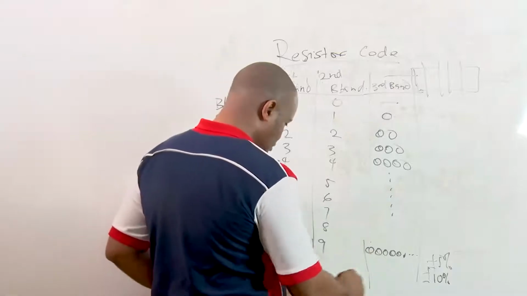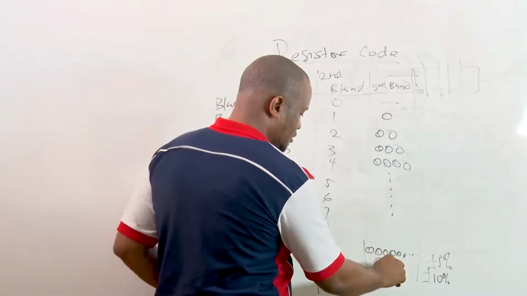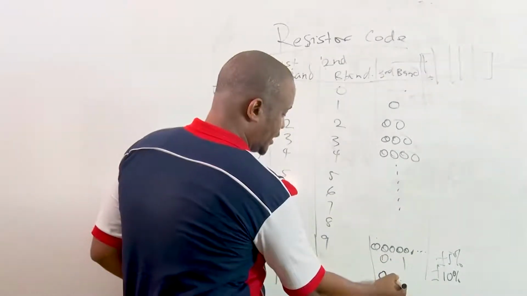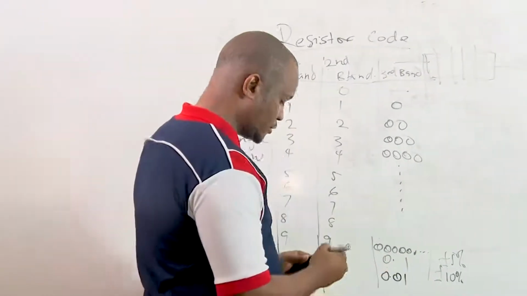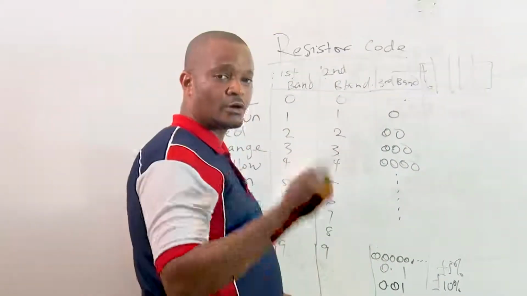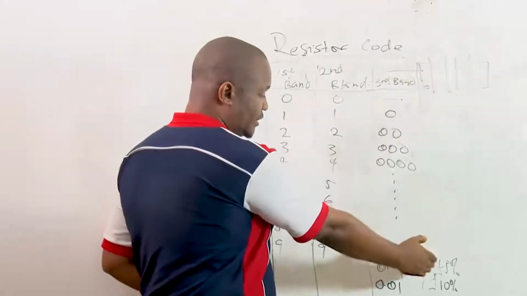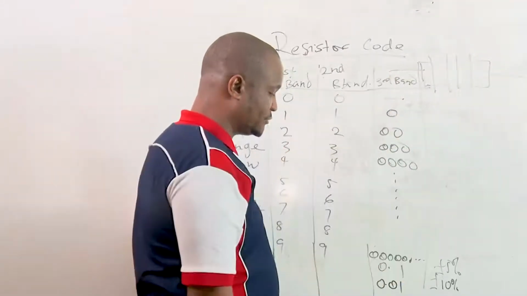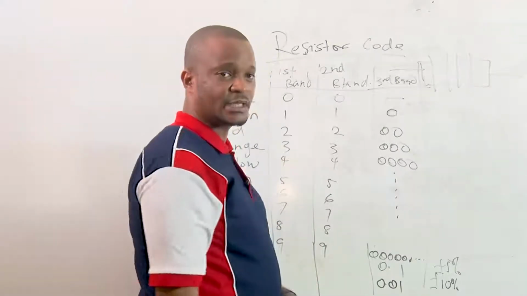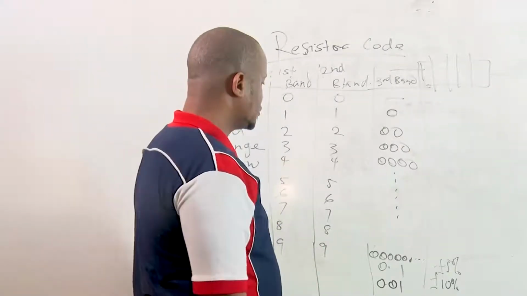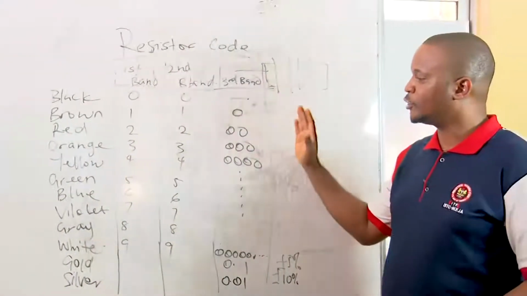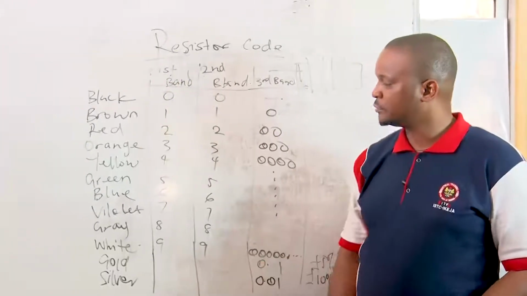And for the third band, gold is 0.01, and silver is 0.01 on the third band. So it has a value on the third band, but this is the tolerance: plus or minus 5% for gold, and silver is plus or minus what? 10%.